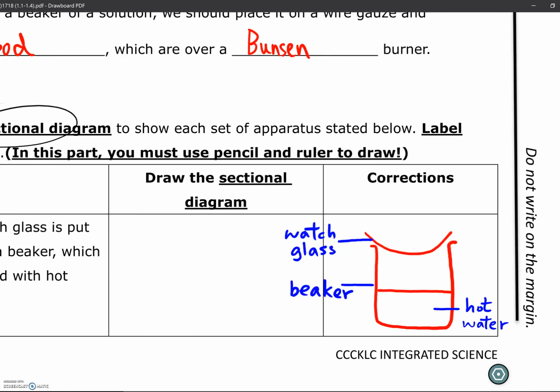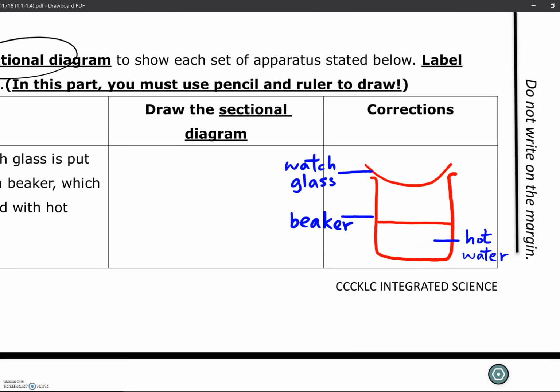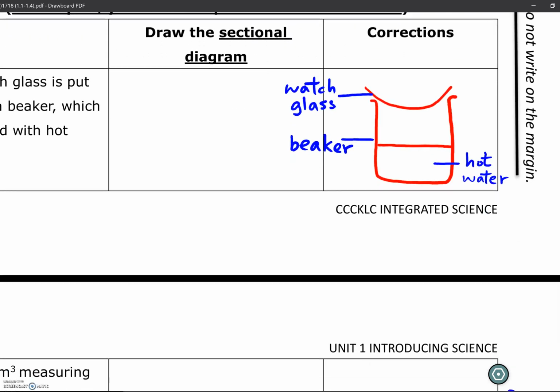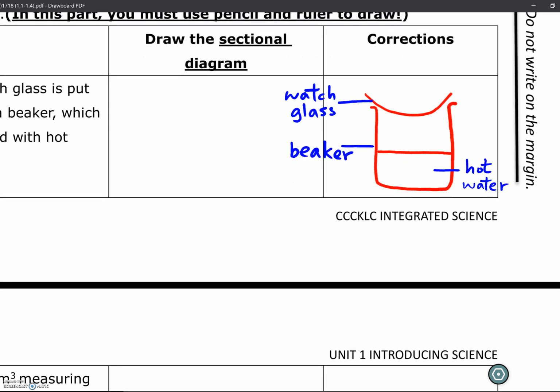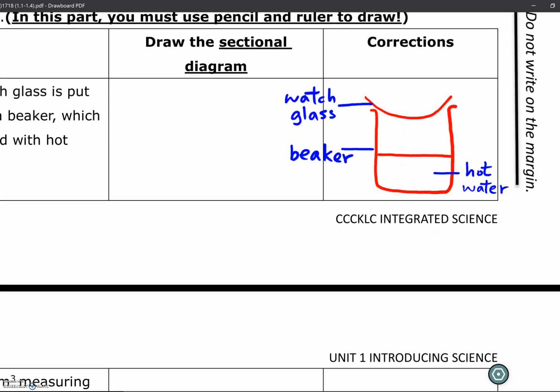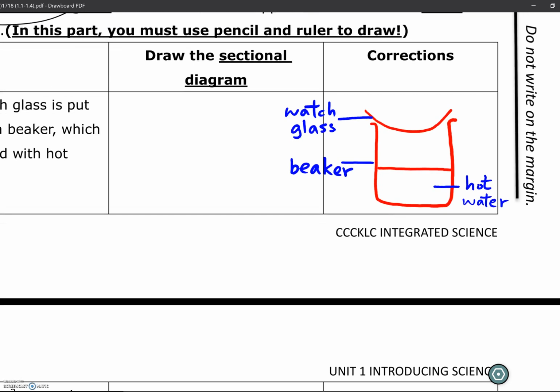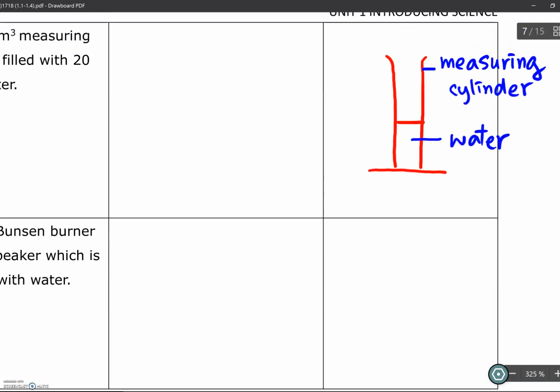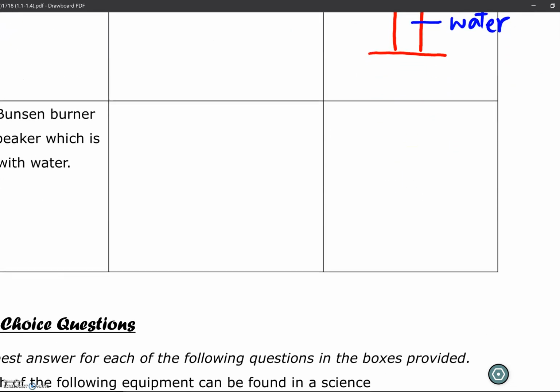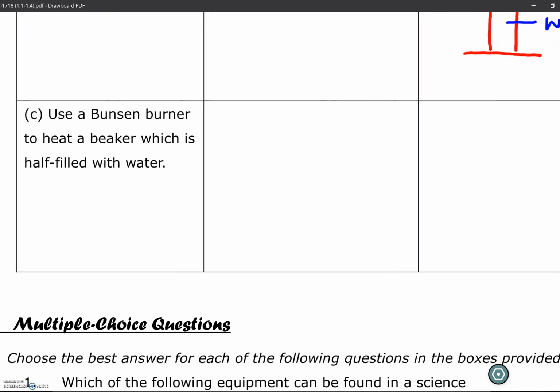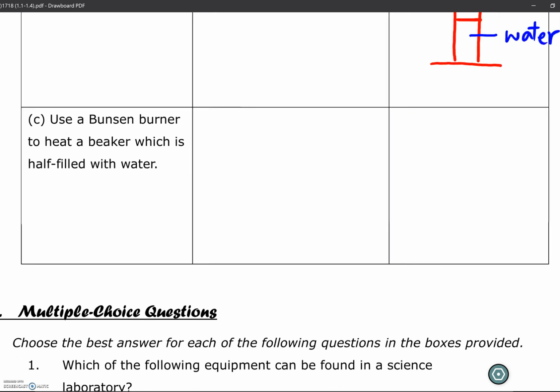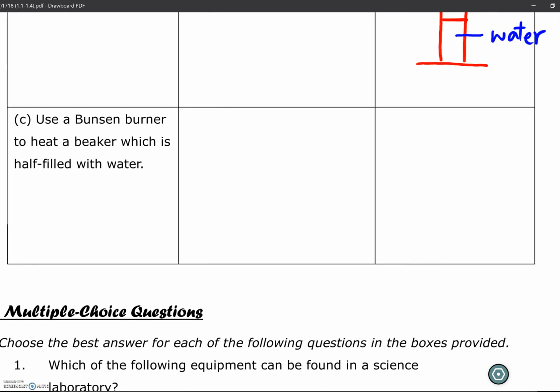Okay, so this part I've talked about in the lessons, so you may refer to the diagram to draw it. I give you some time, or you can stop the video. Okay, so how about the last one? Use a Bunsen burner to heat a beaker which is half filled with water. So I think you also do it, but I still want to show you how to draw it properly.